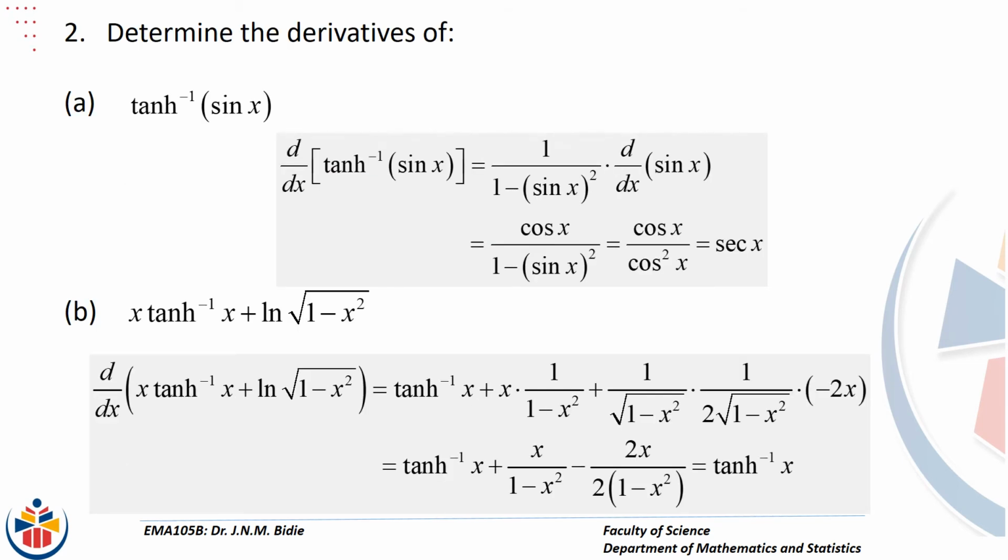Then number 2, we are asked again to find the derivatives of the given expression. We have now arctan of sin x. So we use the chain rule. First, find the derivative of arctan.